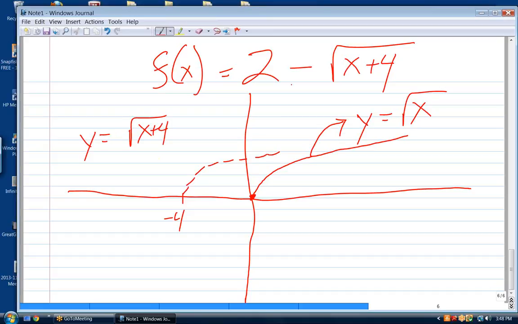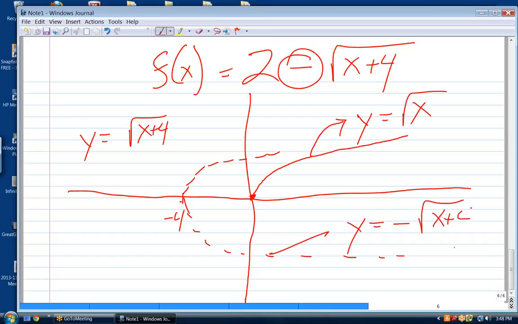What does the minus sign in front of it do? Does it reflect it over the x-axis? It does. So now that is y equals minus square root of x plus 4.